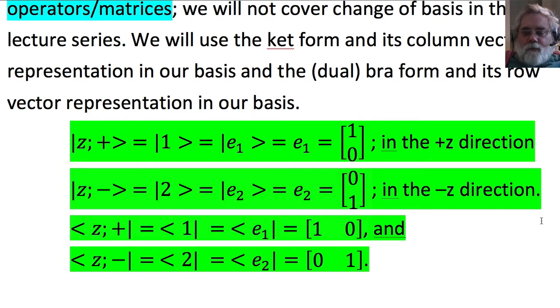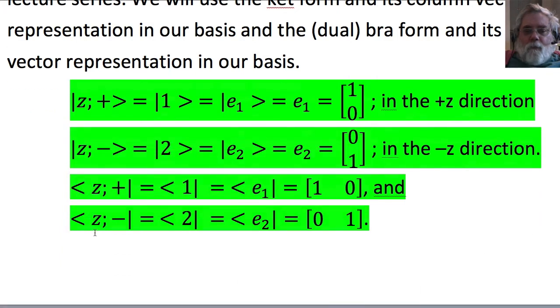We know how to take the bra forms. Bra Z plus is bra 1 or bra E sub 1, and it is the row vector 1, 0. And bra Z minus is bra 2 or bra E2, and it is the row vector 0, 1.